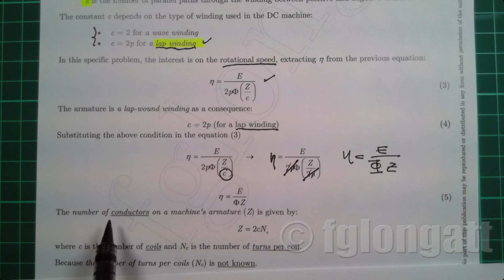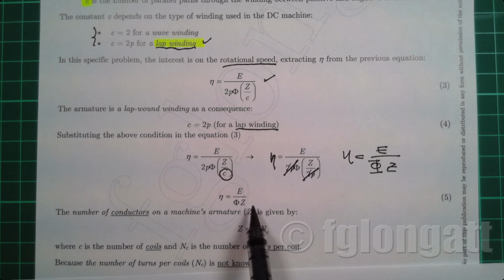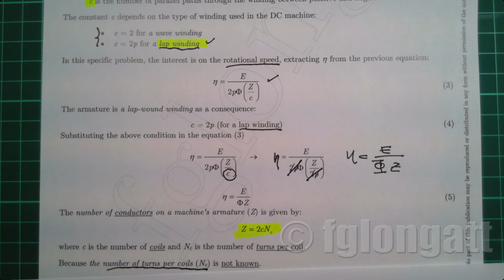So now let's focus on Z, the total number of conductors. There is an interesting equation over here, and this equation says that the total number of conductors is twice C multiplied by NC, and NC is basically the number of coils. However, I have some really bad news, because for this problem we don't know NC.